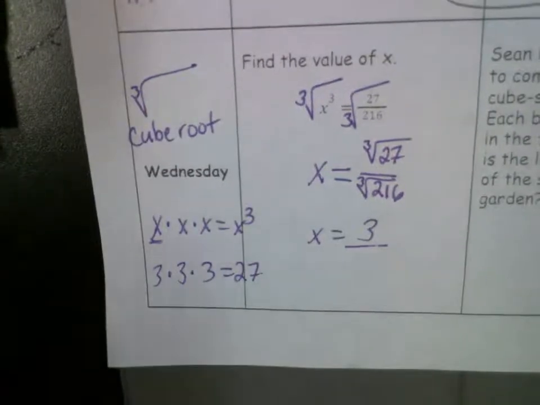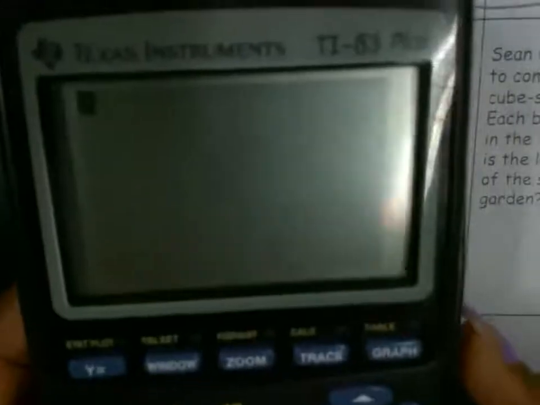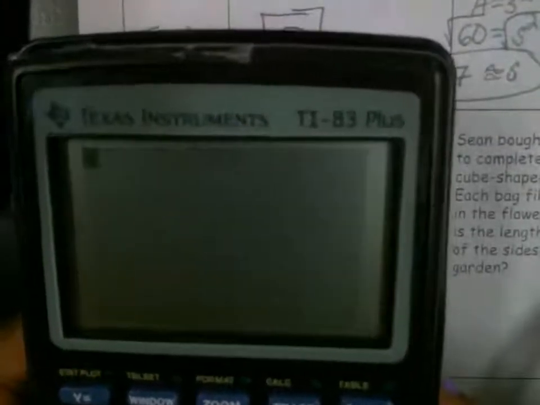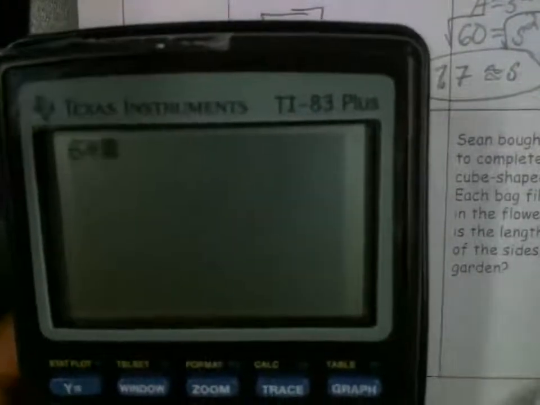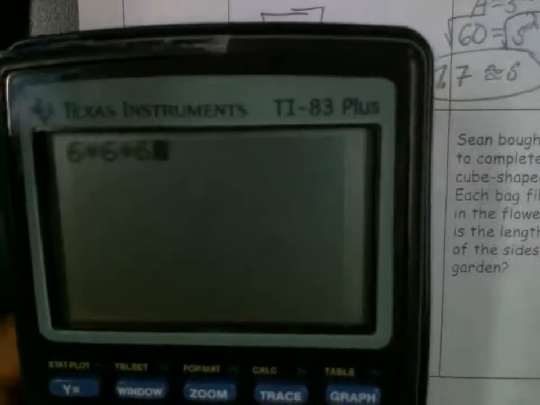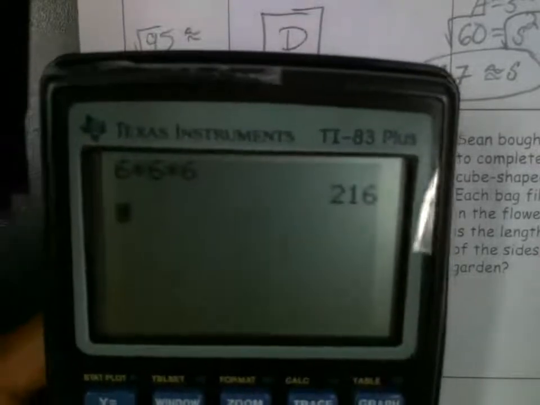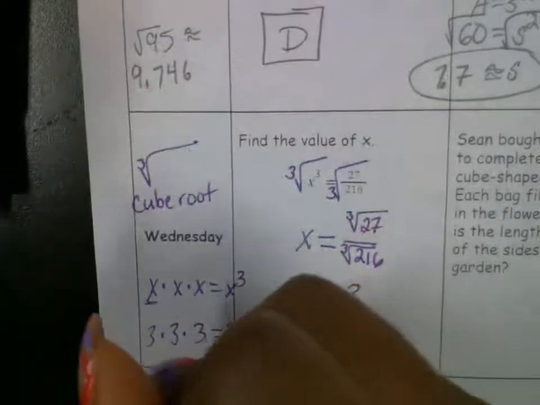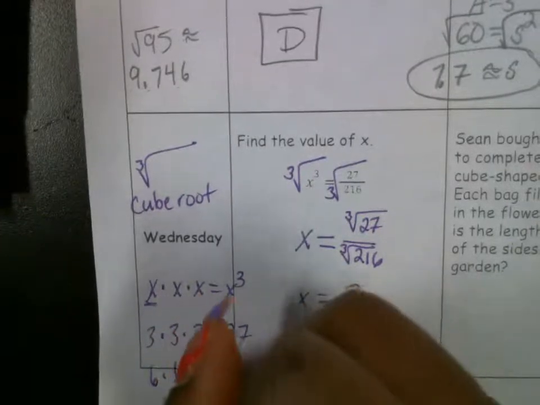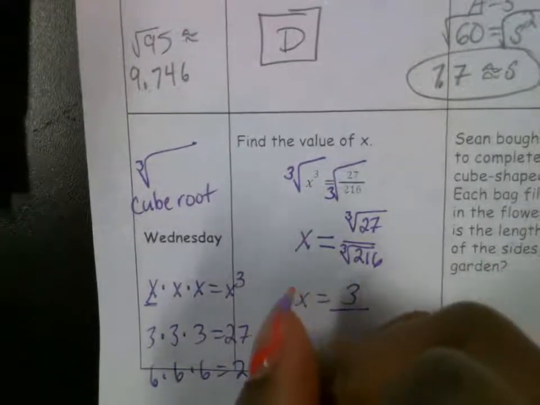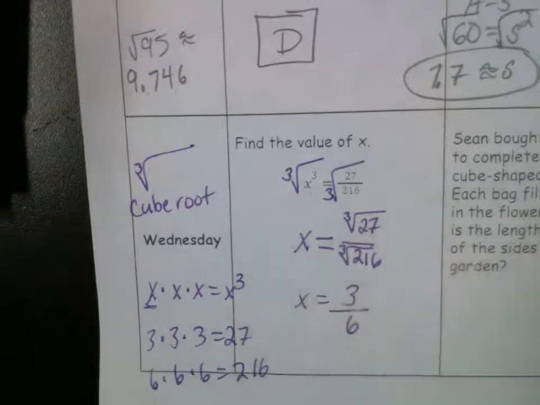Somebody said 72. No, 72 times 72 times 72 is definitely not going to give you that. It's got to be a small number. 6. Okay, 6 times 6 times 6 gives you 216. So 6 is on the bottom.